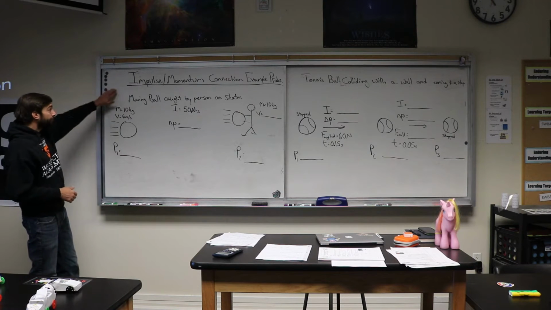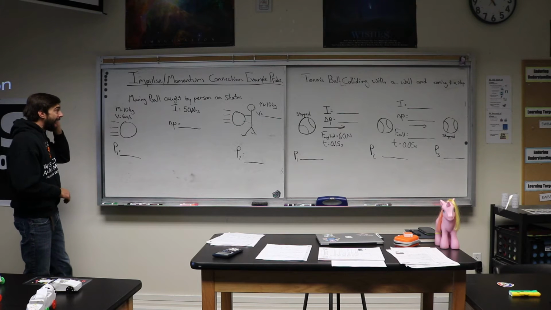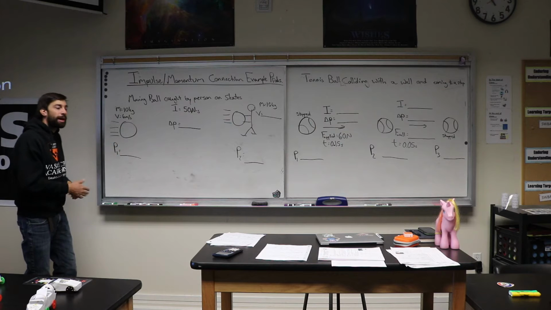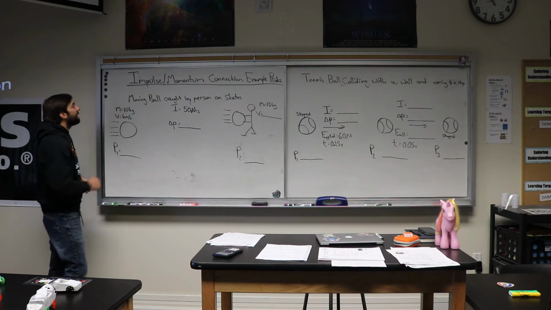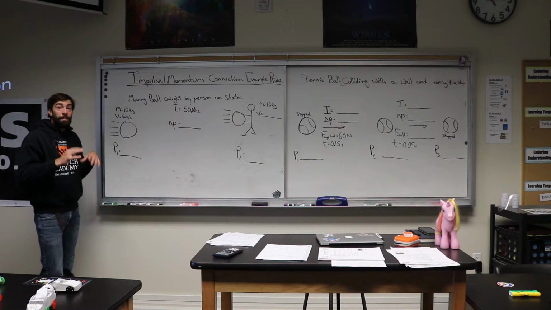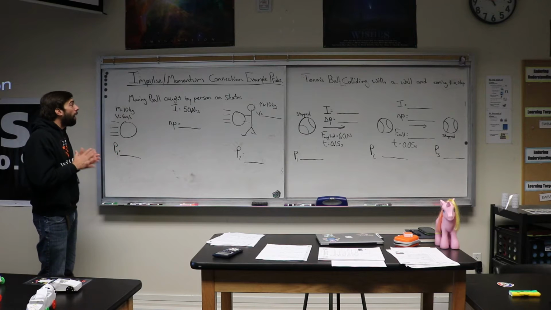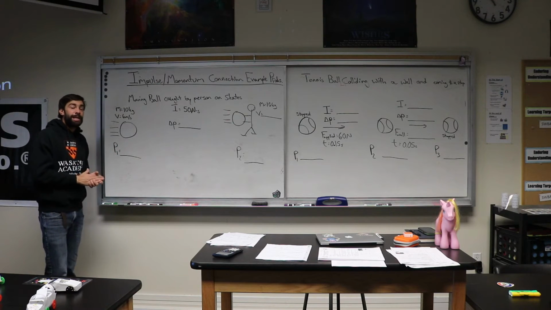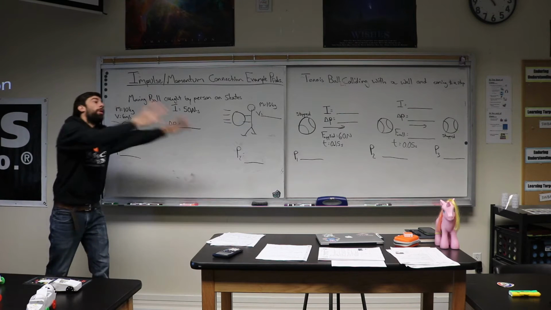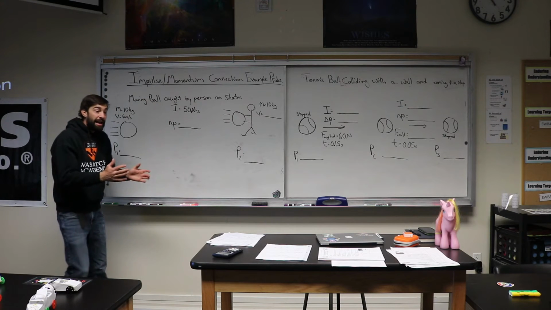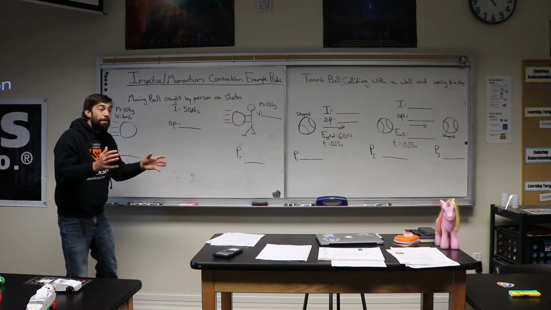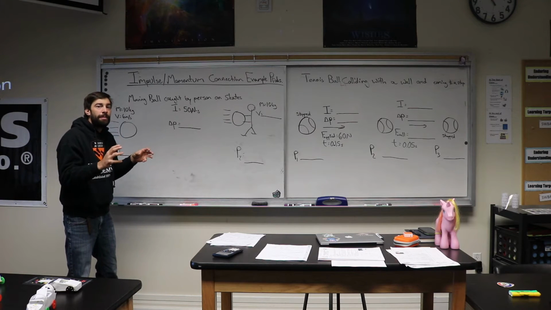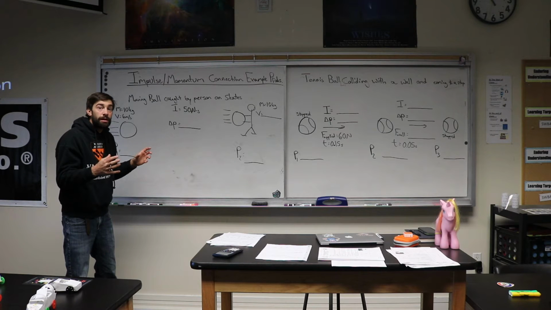So here I have two example problems. We'll go over each one at a time. The first is a moving ball, or a big medicine ball, caught by a person on skates. Well, let's just think about this for a second. If my friend, Physics Pony, throws me a big heavy medicine ball and I catch it, what might happen to me if I'm on roller skates?